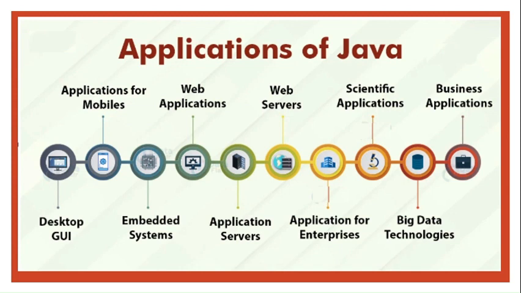But the strength of Java is that you can develop it on a Windows machine and run it on a Red Hat server, or Solaris, or any operating system. And there are multiple flavors of Java. It's not just one version that is available. There is Oracle Java, there is Red Hat Java, there is OpenJDK, and so on.